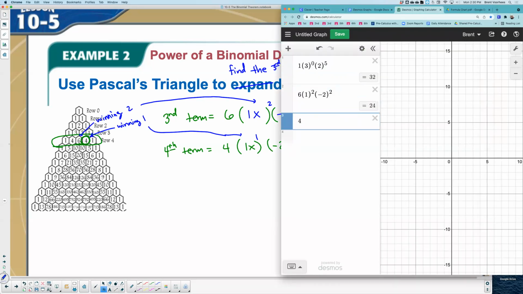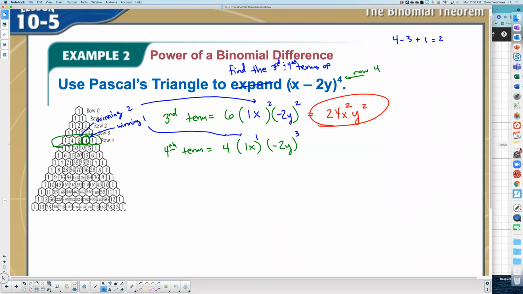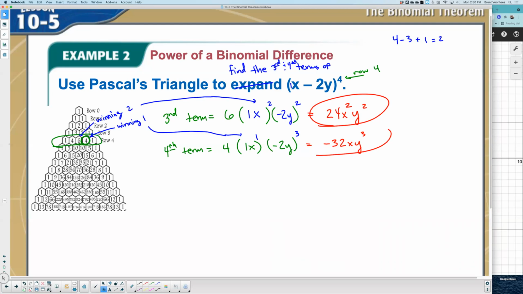It would be 4 parentheses 1 raised to the 1st. Again, you don't have to type it in if it's a 1. You could skip those, but for the sake of this problem, I'll do it to the 3rd power. It would be a negative 32. Negative 32 is my coefficient. So negative 32, and then I would add in the variables. Negative 32, x to the 1st power, y cubed.